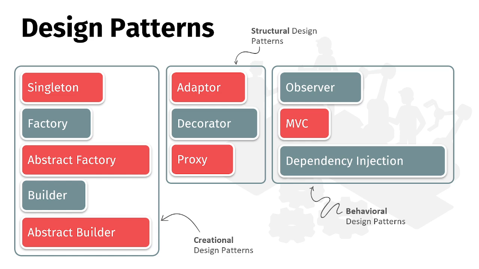Okay, so in our series, we'll be discussing singleton, factory, abstract factory, and builder, then abstract builder under creational design patterns. Then we will be discussing adapter, decorator, proxy under structural design patterns. And next, we will be discussing observer, MVC, dependency injection under behavioral design patterns.